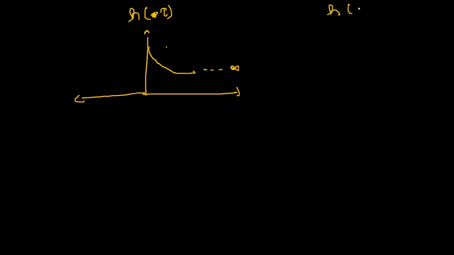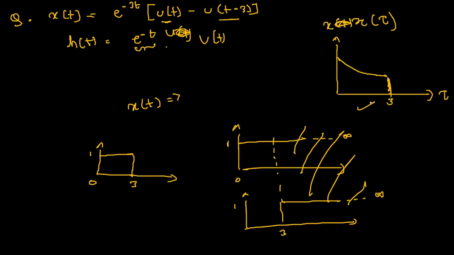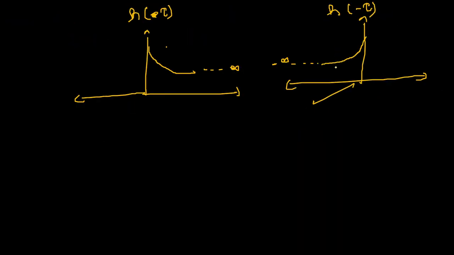So the graph for h of minus tau will be the exact reversal of this. It will go towards the left all the way to minus infinity. So now this is the graph for x of tau, and this is the graph for h of minus tau. So the first step in convolution is done, which is reversal.